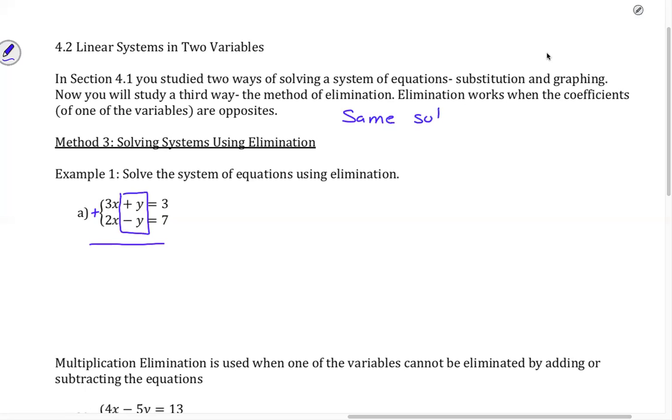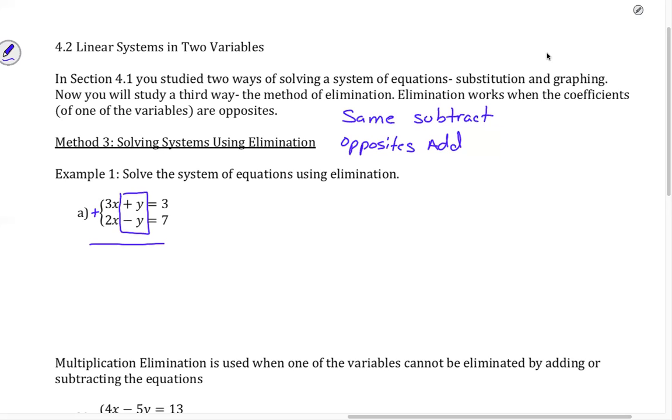Same, subtract. Opposites, add. Now, what do I mean by this, Chris? Well, do you see how this is plus y and that's minus y? They're opposites, right? So I'm going to add them. If they were both plus y, I would subtract them because they're the same thing. So I'm going to add these two equations together.